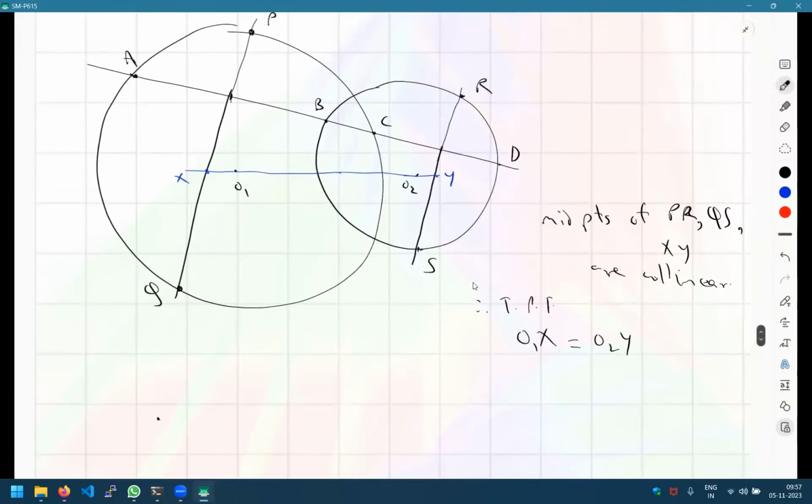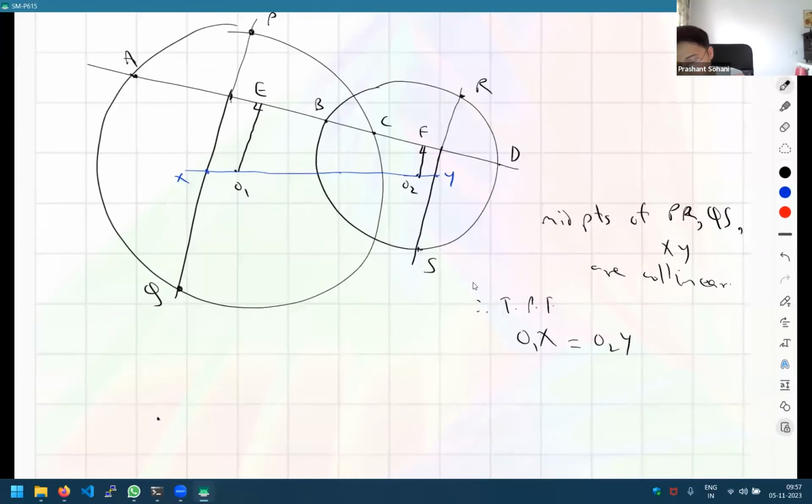So L is this line. Label the points E and F, and also the intersection point of AB and PQ.